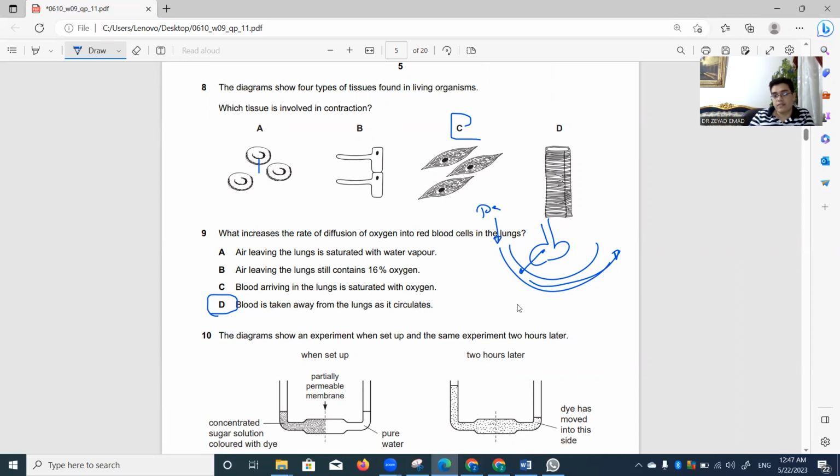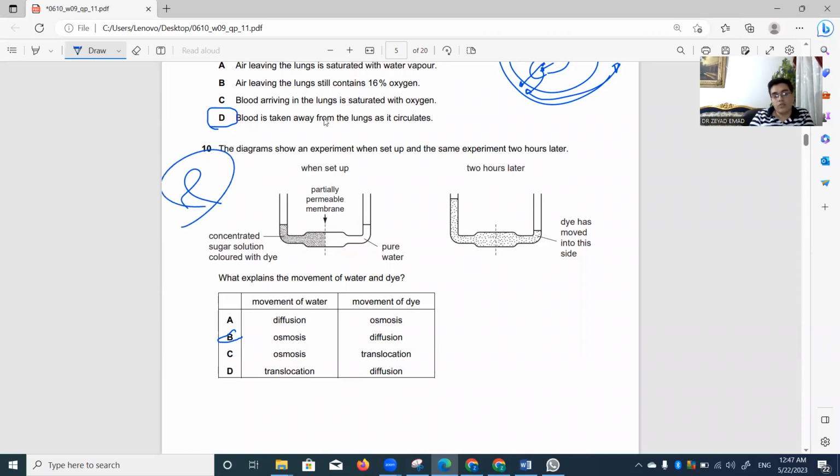This creates a difference, and the blood is not stagnant here. So as the blood circulates, oxygen moves from high oxygen concentration to low oxygen concentration down the concentration gradient by diffusion.